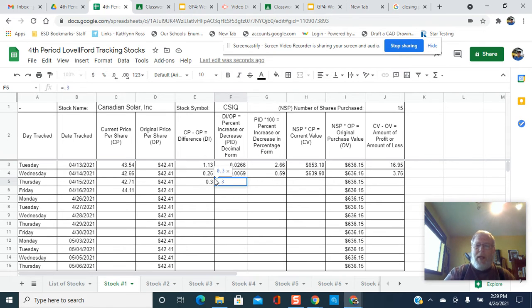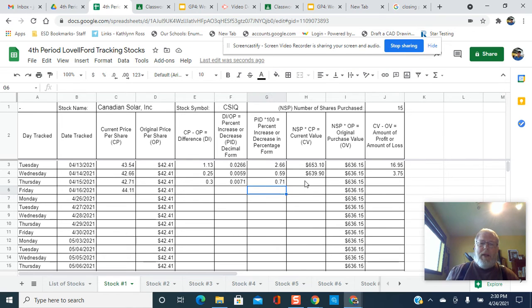So 0.3 divided by 42.41. Okay, we're going to decrease that decimal. Okay, 0.0071, and times that number 0.0071 times 100 to get our actual percentage. So we're up not even a full percent, 0.71%.